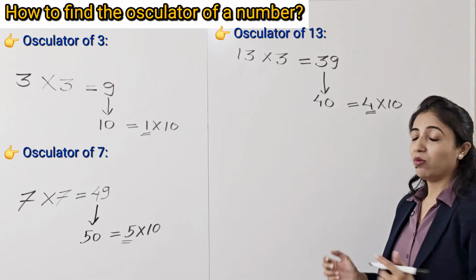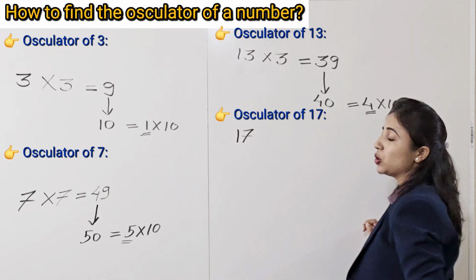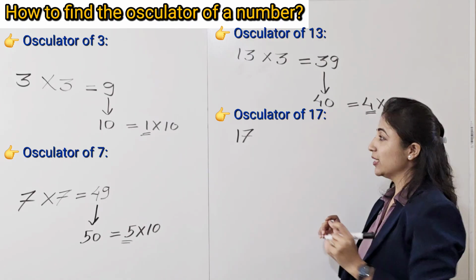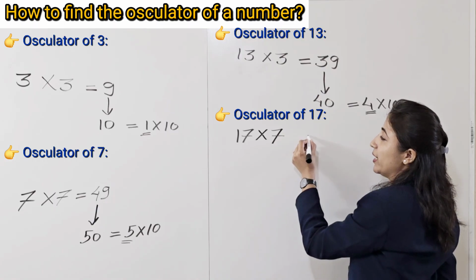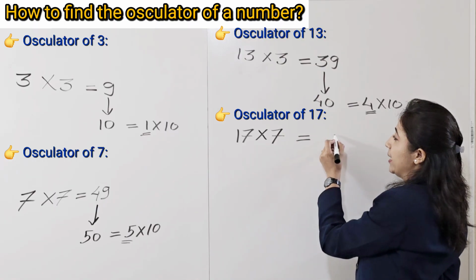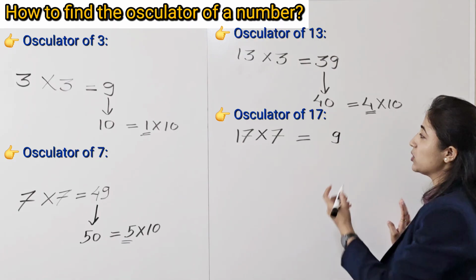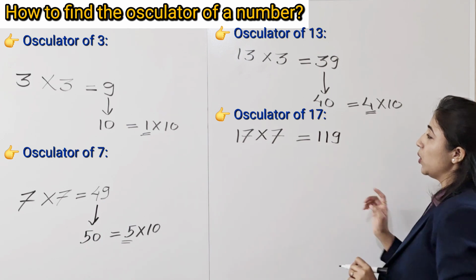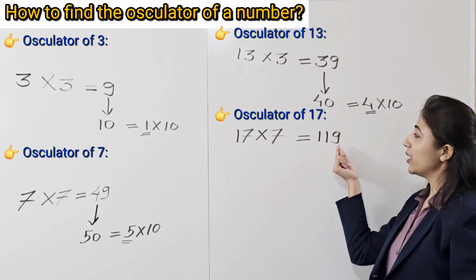Similarly, you can find it for 17. Here for 17, which number should I multiply by? Yes, it is 7, correct. So for 17 you have to multiply by 7. If we take the product of 17 and 7, 7 sevens are 49, carry 4, 7 into 1 is 7, plus 4 is 11. Now the product of 17 and 7 is 119.